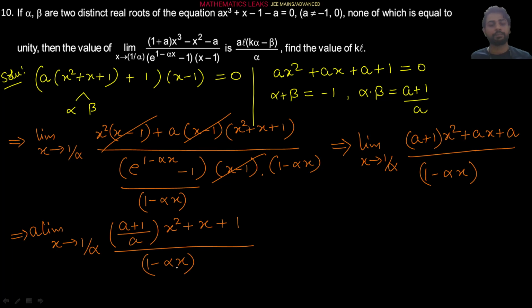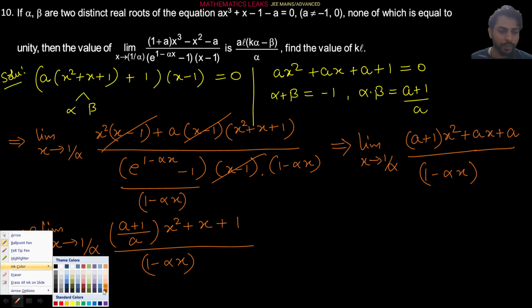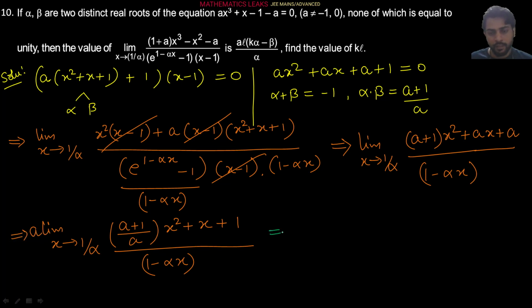Now everybody, this is it. Now if you focus on the numerator part, just observe this a as it is, and this is limit x tends to 1 upon alpha, correct?